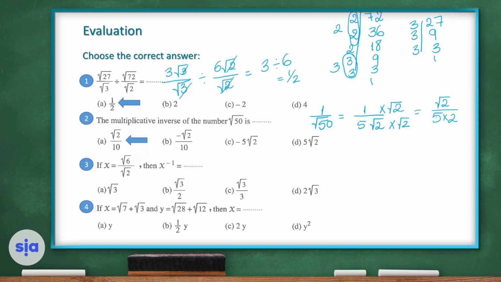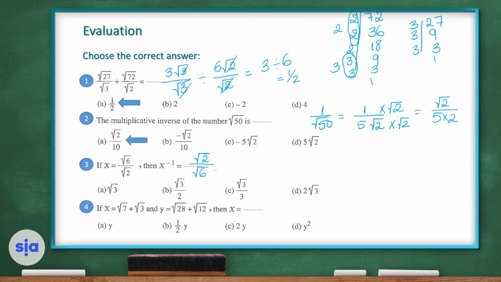In question 3, if x equals root 6 over root 2, then what is x to the power of negative 1? X to the power of negative 1 means that we flip the fraction. It's the reciprocal of this fraction. So here, x to the power of negative 1 is square root of 2 over square root of 6.